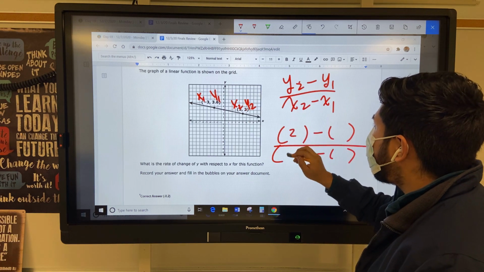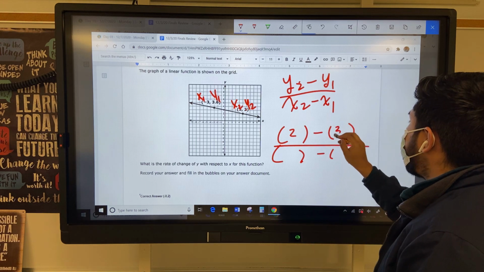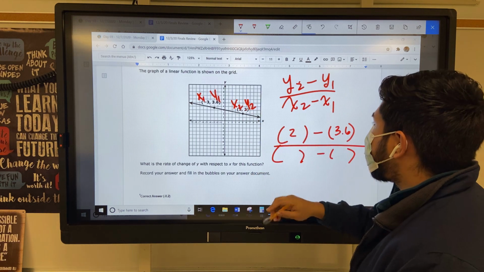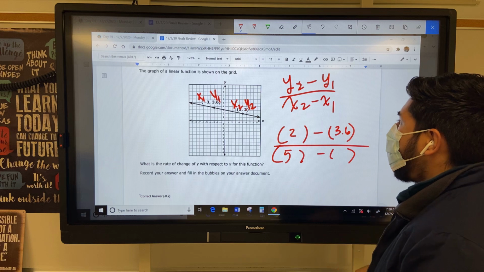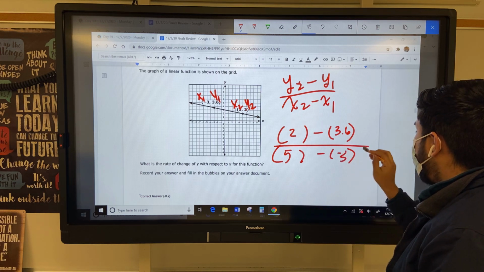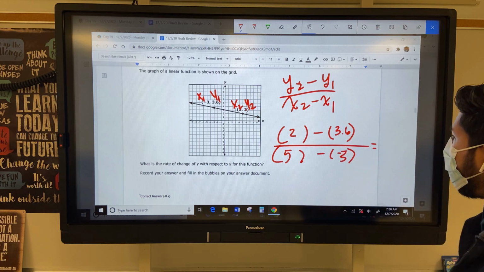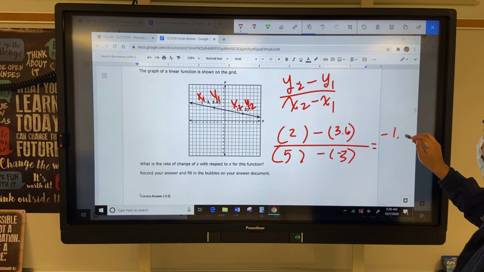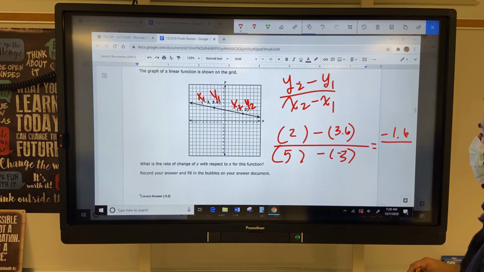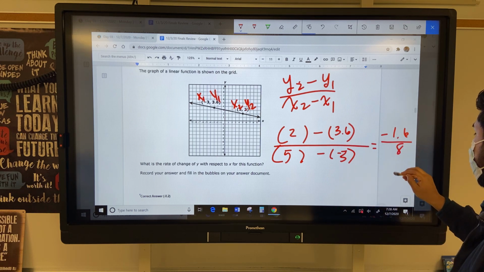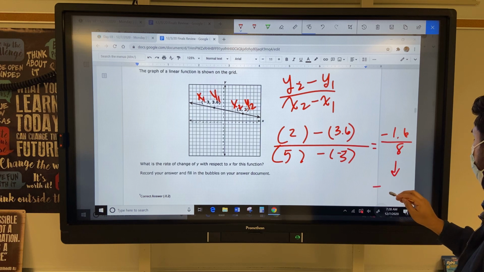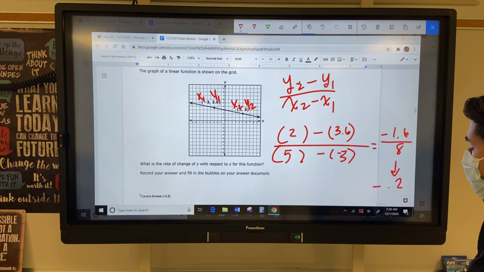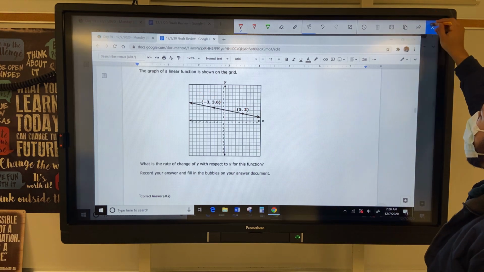Y2 is 2, Y1 is 3.6, X2 is 5, X1 is negative 3. 2 minus 3.6 is negative 1.6, 5 minus negative 3 is 8. Put that in your calculator, you should get negative 0.2. We want to be extremely accurate. Next one.